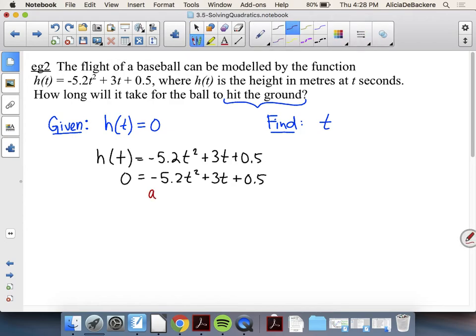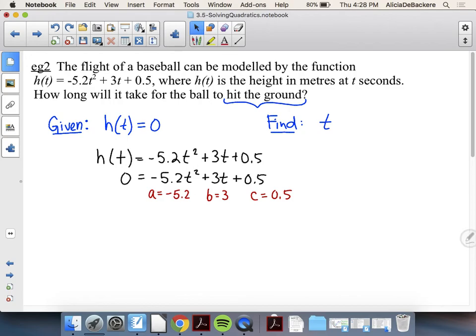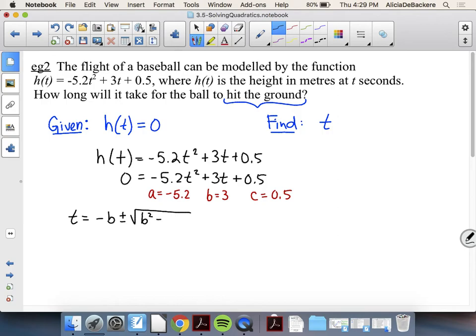Don't forget, the a value is the coefficient of the squared term, the b value is the coefficient of the regular term, and the c value is the constant. Here, instead of x, it's t, because our variable is t. So t = (-b ± √(b² - 4ac)) / 2a. And we'll sub that in.